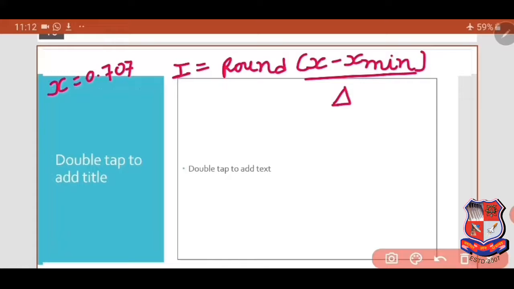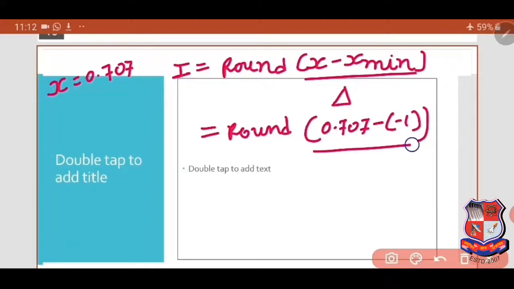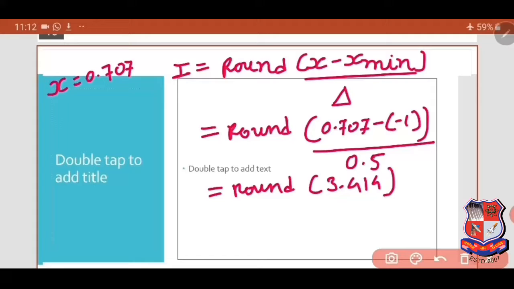We have all the values of those terms, so we put them in place. x is 0.707, x min is -1, and delta, the step size, we already found out, is 0.5. So over here we will get the answer 3.414. Now we have to take the round-off value of 3.414.